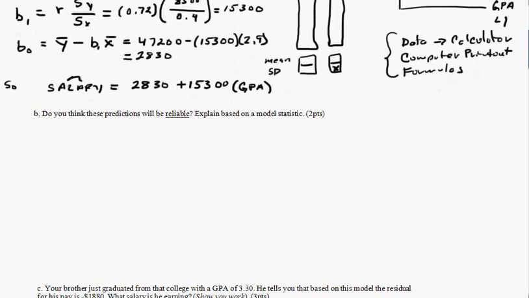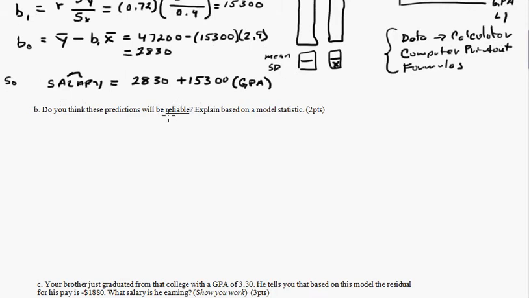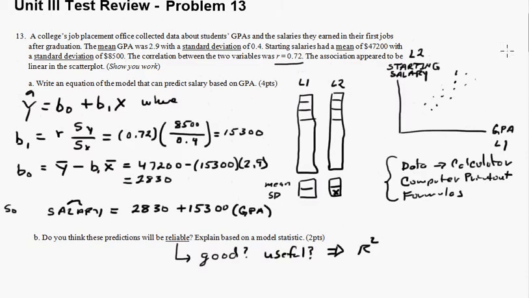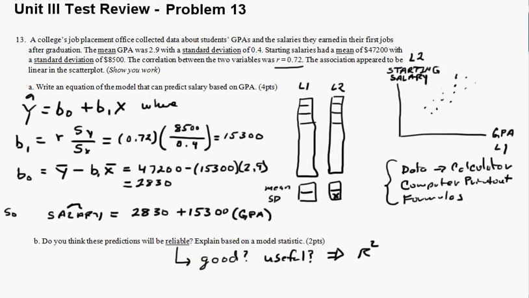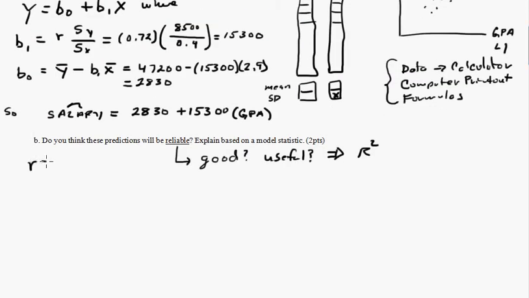Now the second part, they want to know, do you think these predictions will be reliable? Reliable should have made you think how good the model is or how useful. If you've been practicing and learning this, it should have suggested that you need to use R squared. Here we have r equal to 0.72.